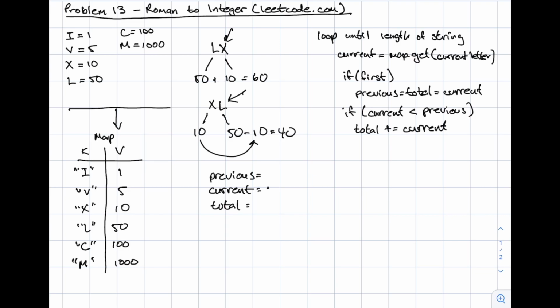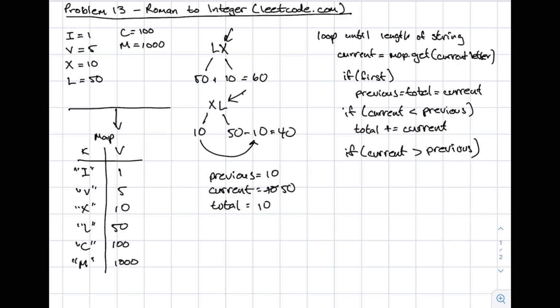So current is 10, previous is 10, the total is 10. Now we have to have logic for handling L in this case. And that's when the current value is greater than the previous value. So the new current would be 50.